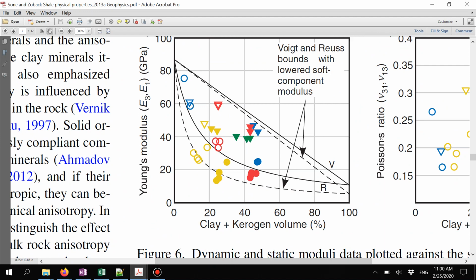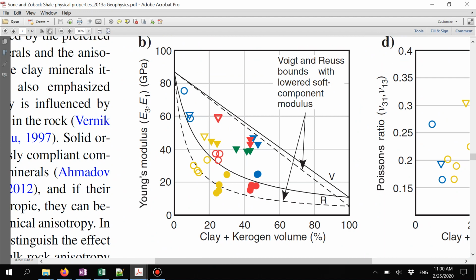Here you can see those measurements of Young modulus in the vertical direction and the horizontal direction. The triangles over here are the measurements in the horizontal direction, and the circles are the measurements in the vertical direction. And each color represents a type of rock.